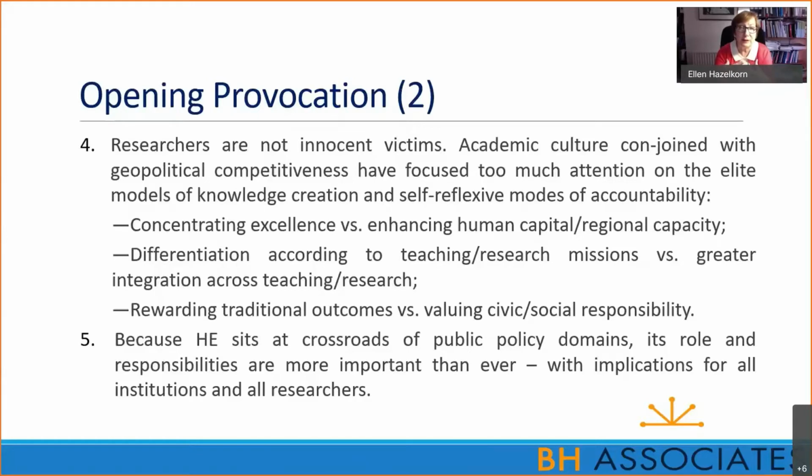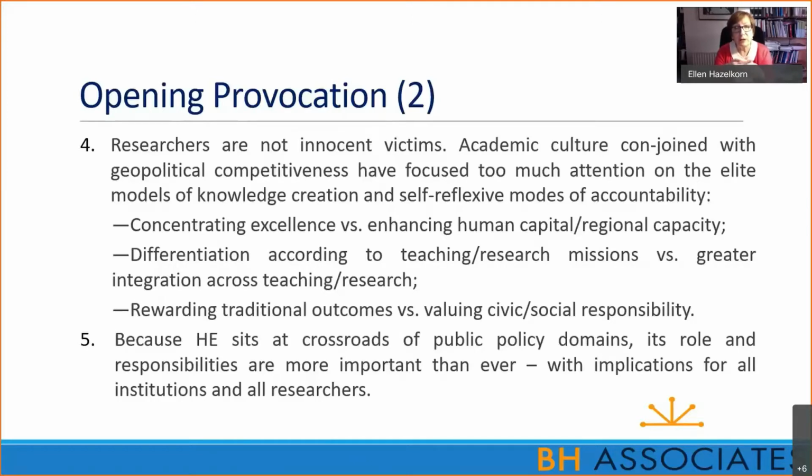We've seen increasing differentiation between teaching and research missions versus greater integration across teaching and research. And we've seen this rewarding of traditional outcomes, which still remain the key part of academic recruitment and promotion, rather than valuing civic and social responsibility.